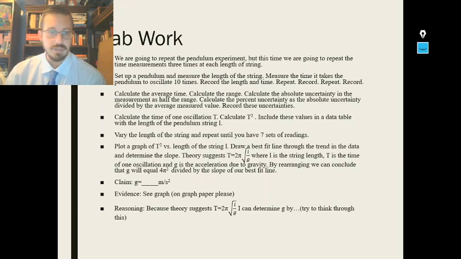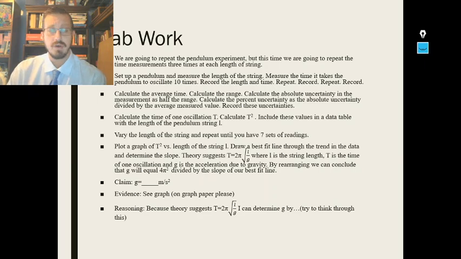By rearranging, we can conclude that g will equal 4 pi squared divided by the slope of our best fit line. So once we know the slope of the best fit line, we can set that equal to the term in the equation which states how the length of the string varies to give us the time squared. And just some algebra with that equation of what theory suggests. And hopefully this will become more clear on the subsequent slide.